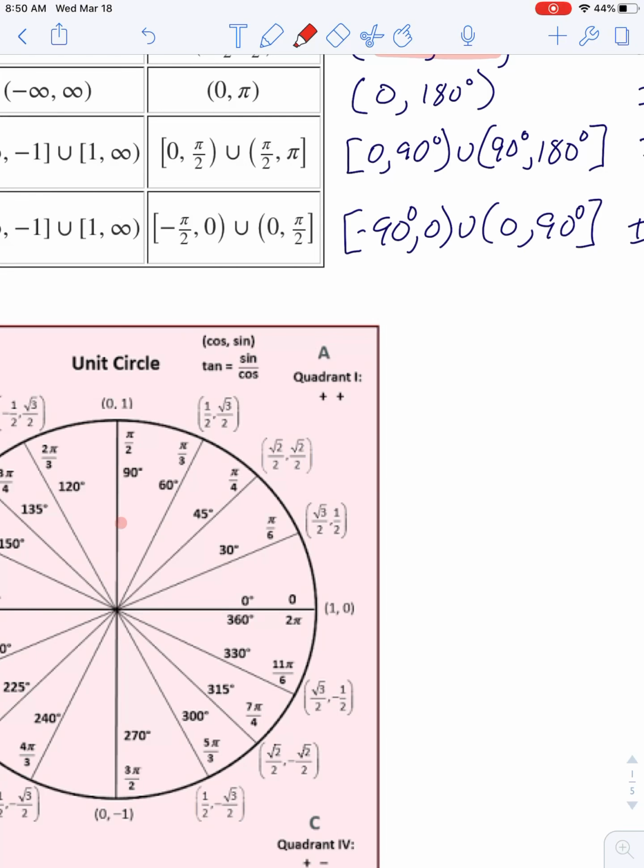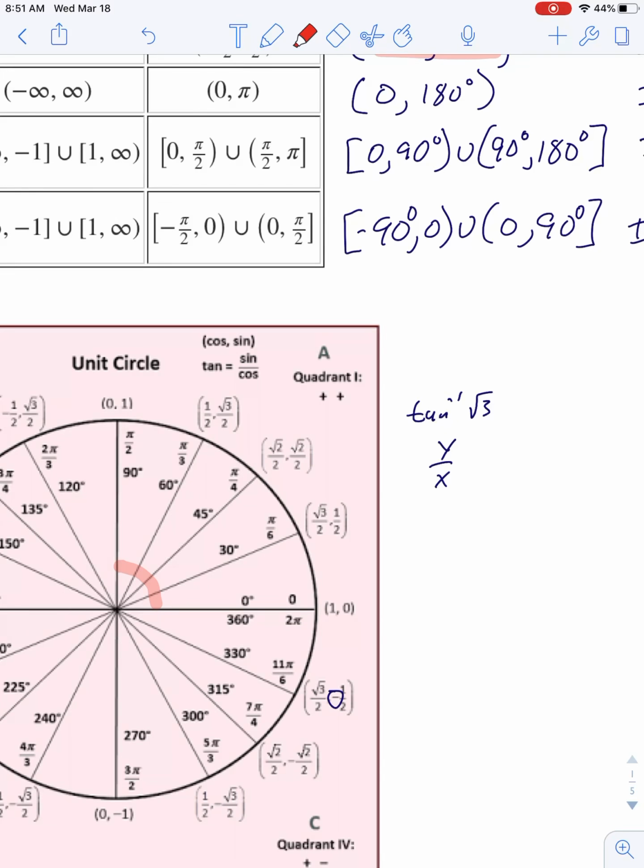So I have to be in these two quadrants. Now my tangent inverse of square root of 3, this square root of 3 is positive. So if I want to take y divided by x and get a positive number, I cannot have any of these points because one's negative, one's positive. So the only way to get a positive is to actually be in this first quadrant.